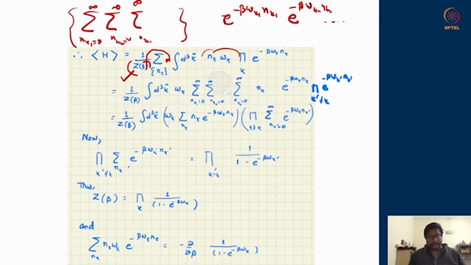So we go to the next step. The single k, which is appearing as nk here and e to the power minus beta omega k, that single k has to be summed over for different possibilities of nk. Remember, the series summations which were broken into parts will also contain a particular nk which I am talking about, this k.